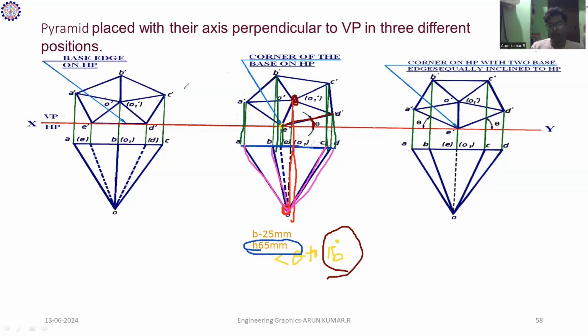So in this method, you carry out one of the base corners on HP with the base inclined. This case is very important and very easy. Once you complete A, B, C, D, E, that is the base of the pyramid, and this O is the apex or vertex of the pyramid.